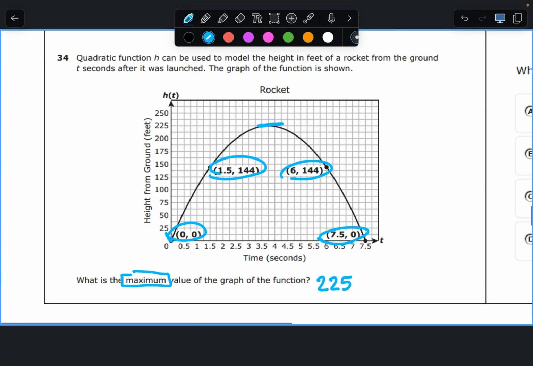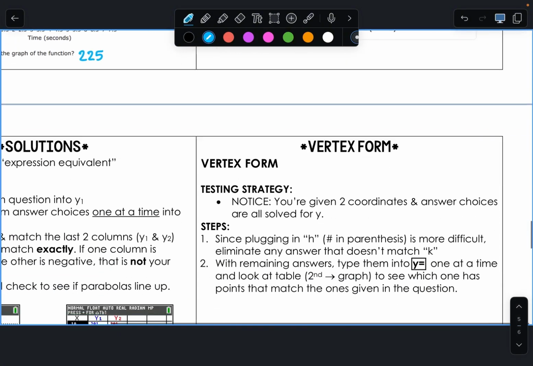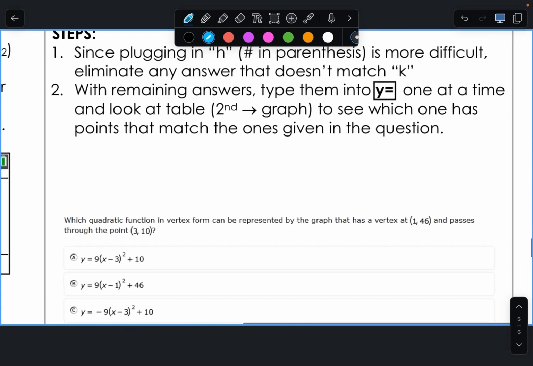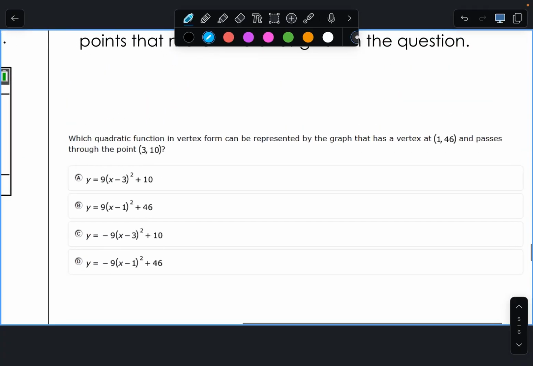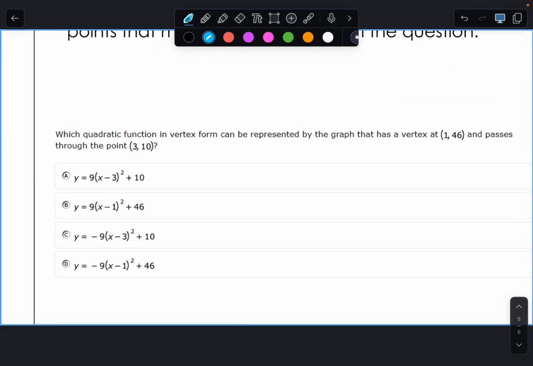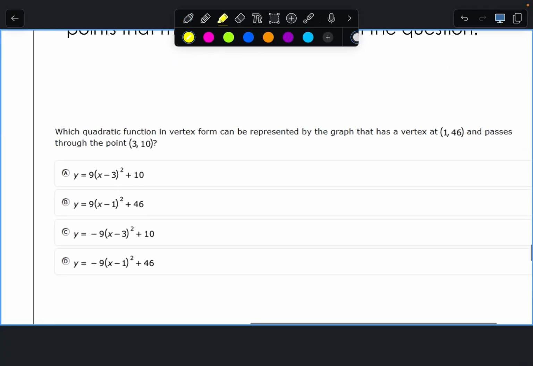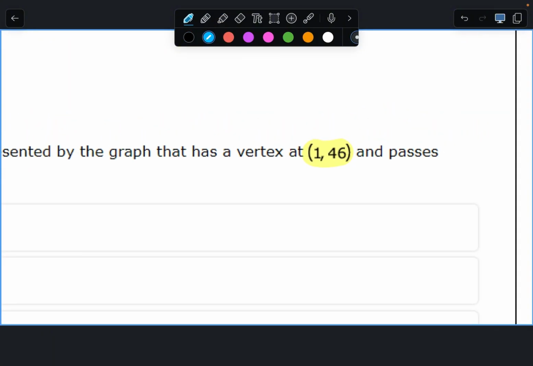The next part is vertex form. Testing strategies for vertex form. You have an equation. Look at your answer choices. All of your answer choices are solved for y, correct? So what you could do is put all of these into y equals and check to see which one has both points. Now I can also eliminate an extra 2 answer choices because I know that the vertex is h and k, correct?